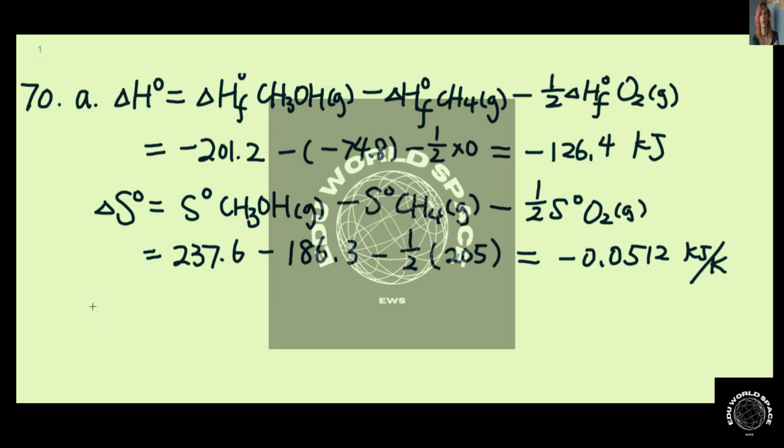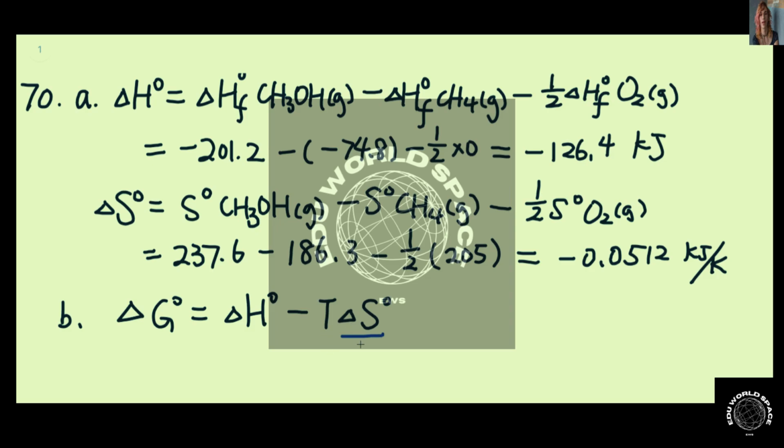All right, so part B is asking you how will the number of delta G change when the temperature increases. So we know that delta G0 is equal to delta H0 minus T delta S0. So from the above, we know that delta S0 is a negative number.